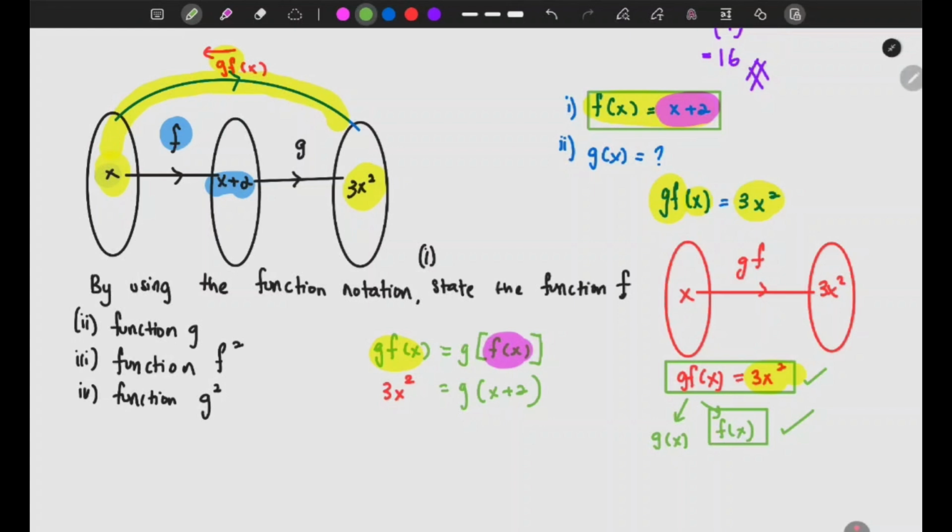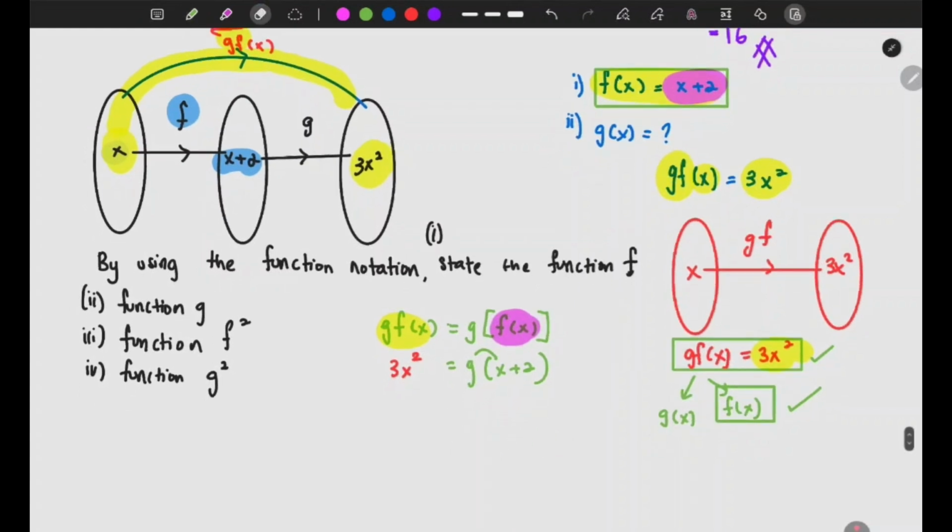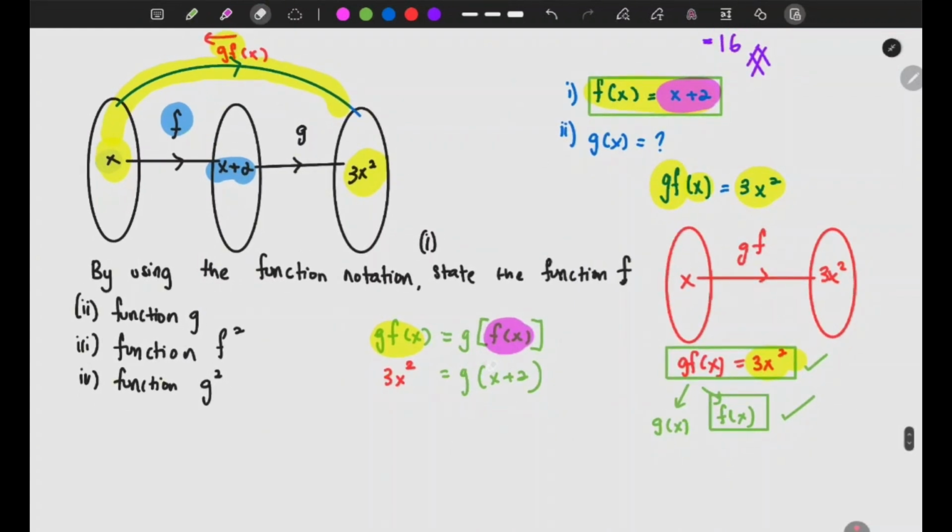Are you going to expand g times x, gx, and then g2 like this? No. This is a function. I cannot expand. You don't expand. But there's a method to do this. Remember this word. Easy to understand and remember.